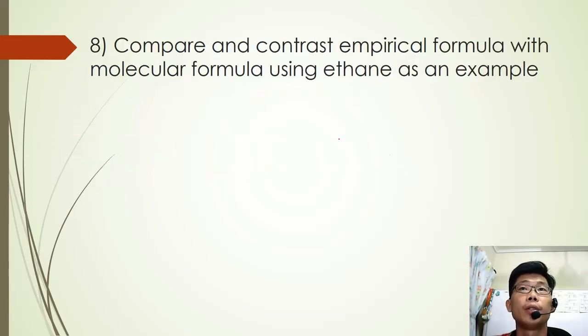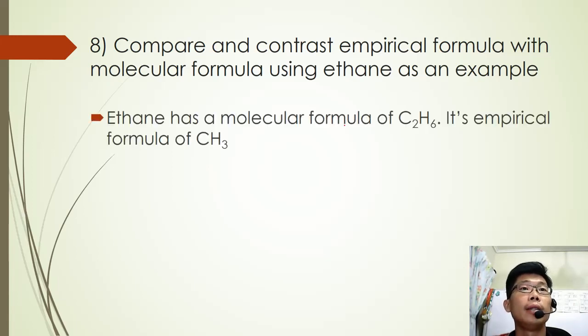Next, compare and contrast the empirical formula with the molecular formula using ethane as the example. Ethane has a molecular formula of C₂H₆, so we can simplify it to get the empirical formula of CH3.